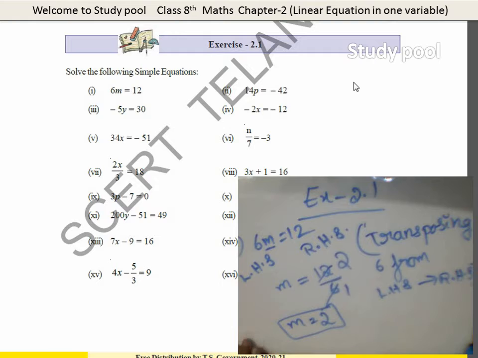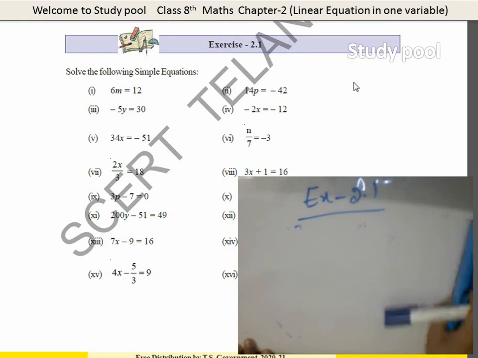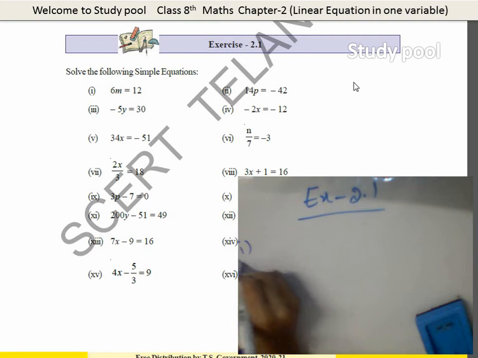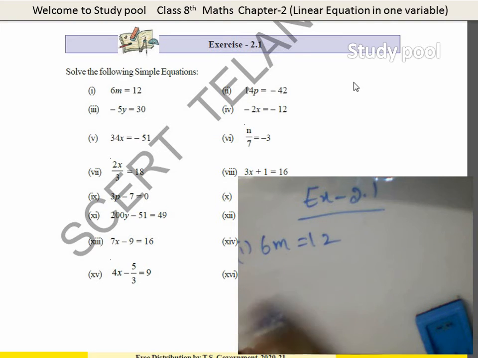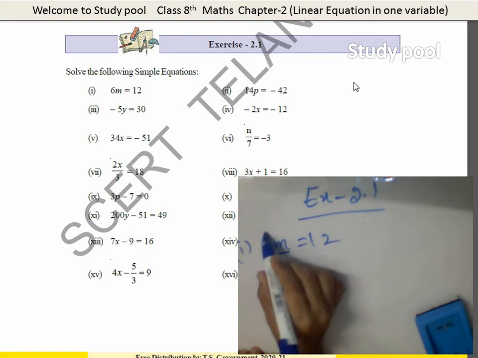And another form is also there. Let us see how this came. See, first one, 6m is equal to 12 is given, right? So what I am doing, I am dividing. Here m is there, so what is left? 6.